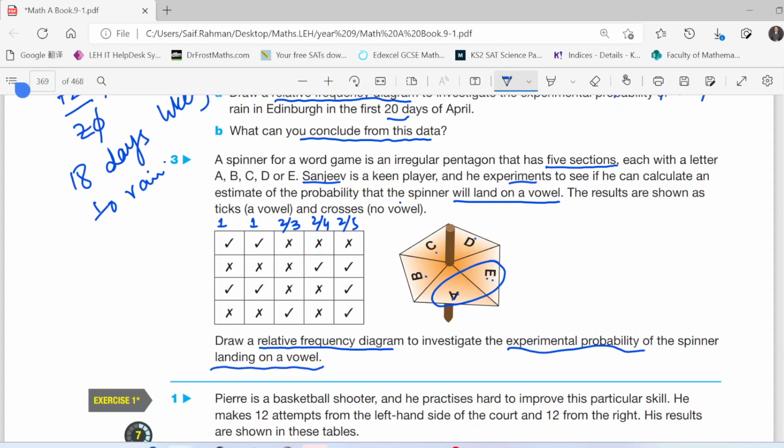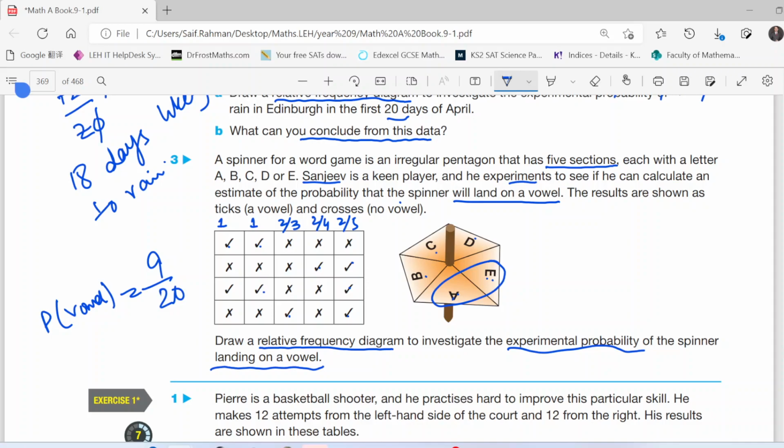So now, if we see for all these 20 experiments, let's count 1, 2, 3, 4, 5, 6, 7, 8, 9. So 9 out of 20, the experimental probability of a vowel is 9 out of 20.